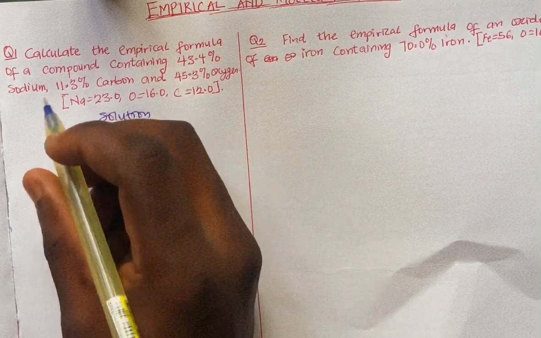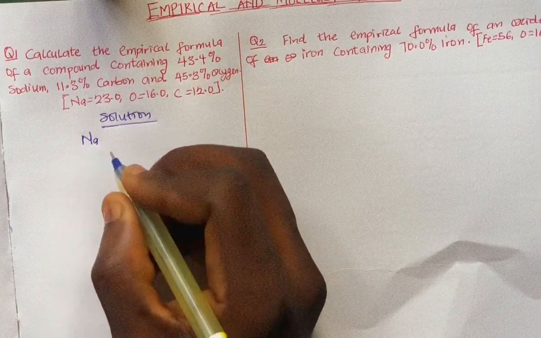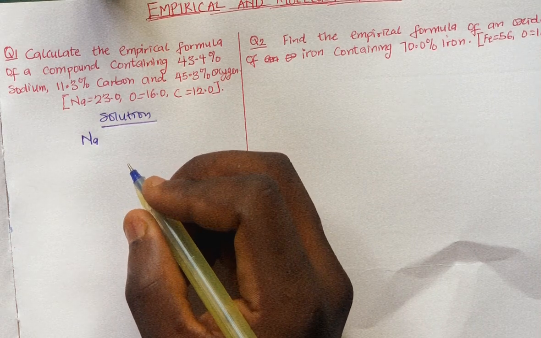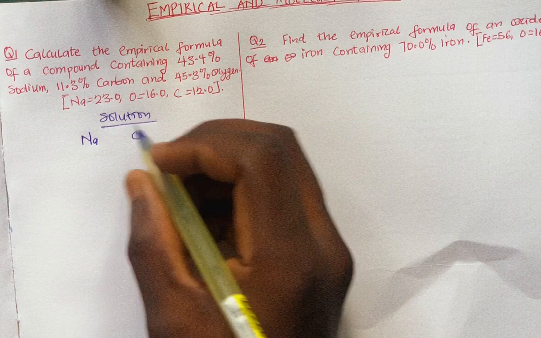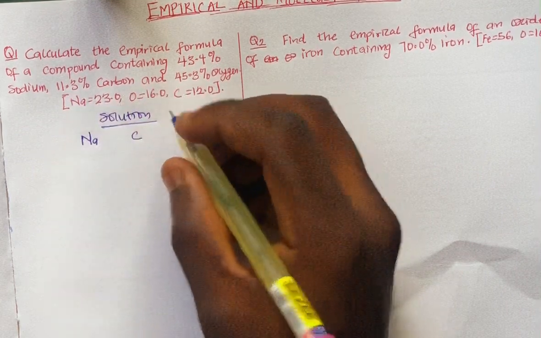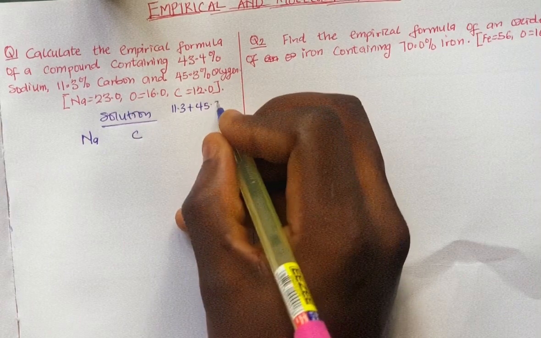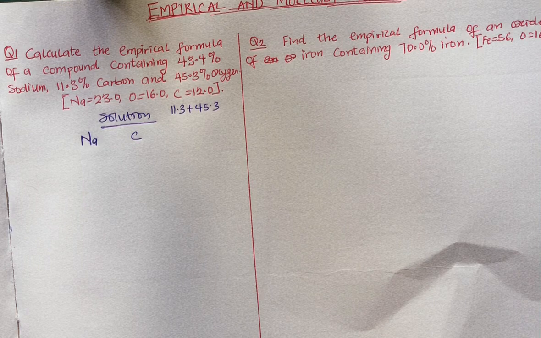The first element is sodium, which is Na, and we also have carbon here. So the total of carbon and oxygen here is 11.3 plus 45.3.